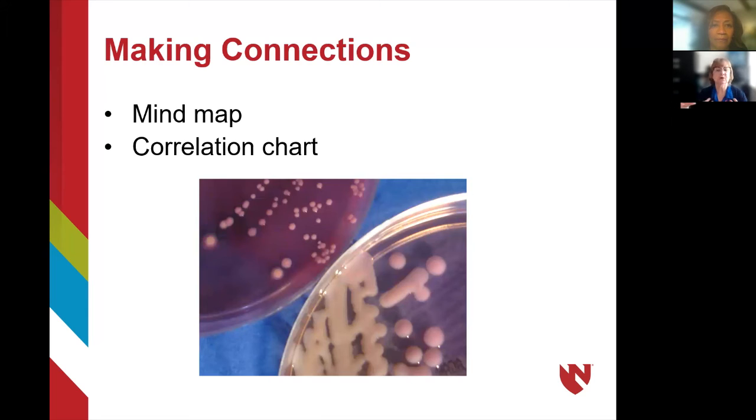And I can create my own correlational chart, but they really needed to create their own so that it made sense to them and it brought in what their prior knowledge was. This picture here is bacteria on a particular type of media.